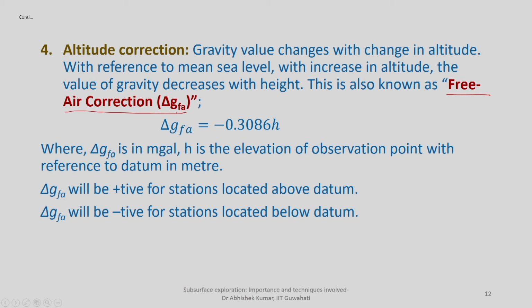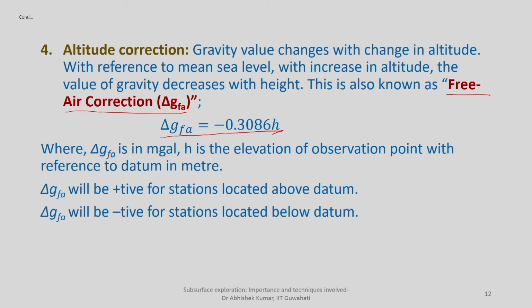In different textbooks, you can find the free air correction referred to by different symbols. Depending upon the altitude of the observation point with respect to your datum, or mean sea level, this is how you can get an idea of the change in gravity value because of the change in altitude, keeping other things constant.